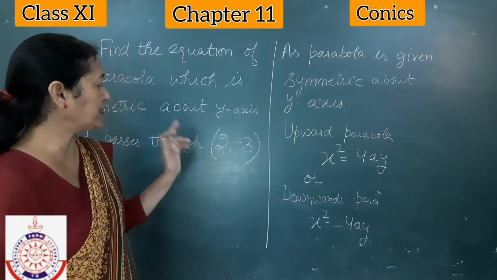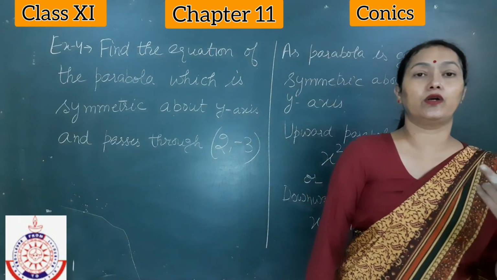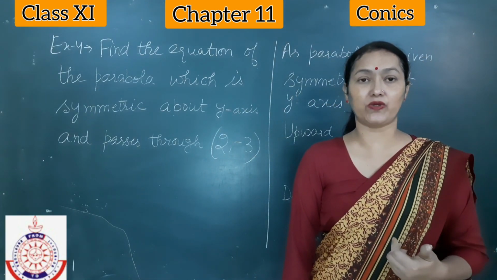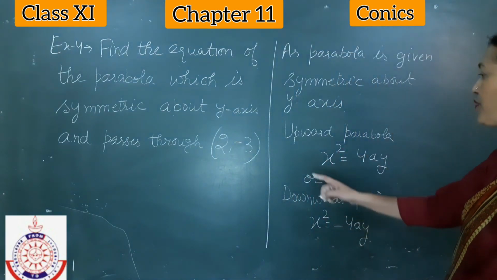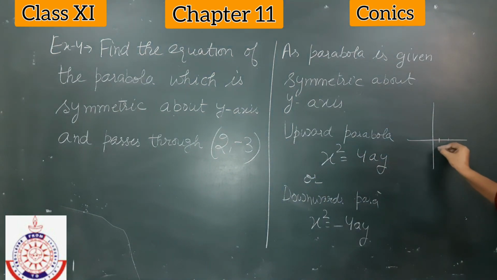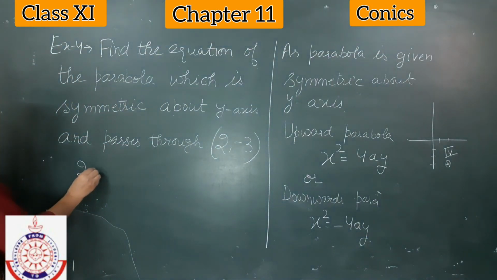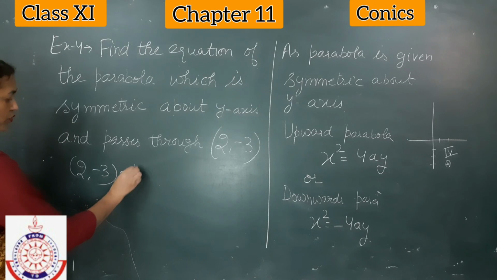But it is also given that the parabola is passing through the point (2, -3). Here x is positive and y is negative. Where does this point lie? Somewhere here, in the fourth quadrant. So (2, -3) lies in the fourth quadrant.